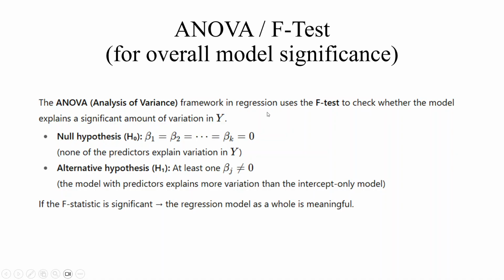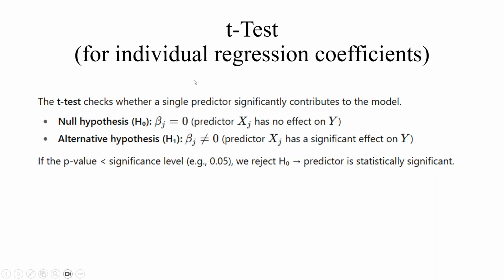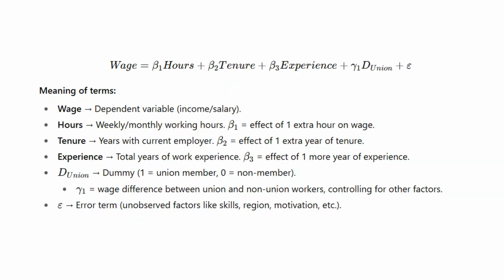The ANOVA framework in regression uses the F-test to check whether the model explains a significant amount of variation in y or not. What is the difference between t-test and ANOVA? The t-test checks the individual contribution of the independent variable. Let's see this equation.